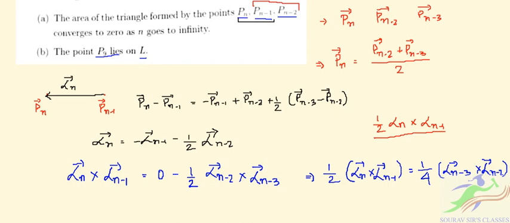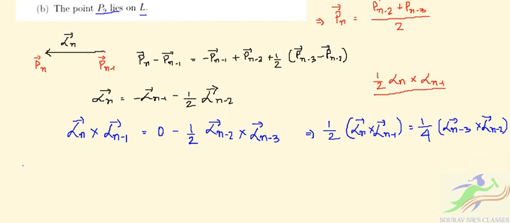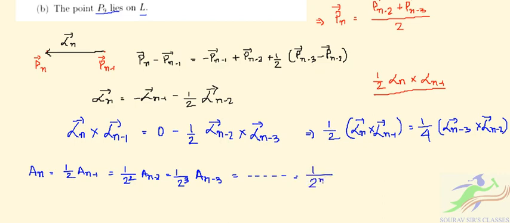Now the area of the triangle, that is An, is equal to half of An minus 1, equal to 1 by 2 square An minus 2, equal to 1 by 2 cube An minus 3. So the last term will be 1 by 2 to the power n minus 3 times A3. Now as you put the limit n tends to infinity, it will be 0.